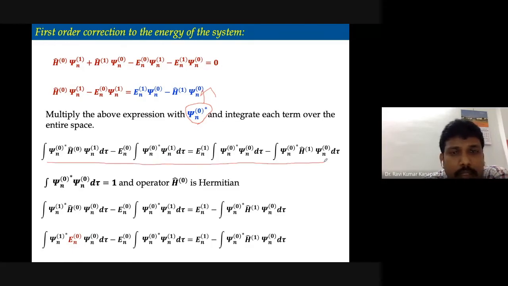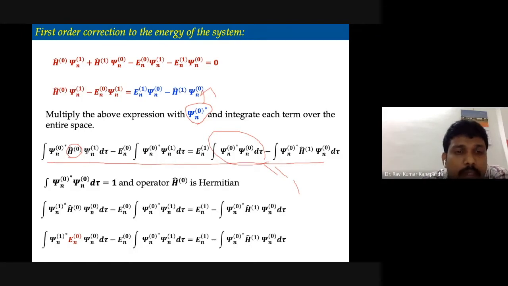That is the first step that we can do, and when you do this, this is what we get. This particular expression is going to be 1, and here we have something. Our Hamiltonian H0 is the unperturbed Hamiltonian. It is Hermitian.